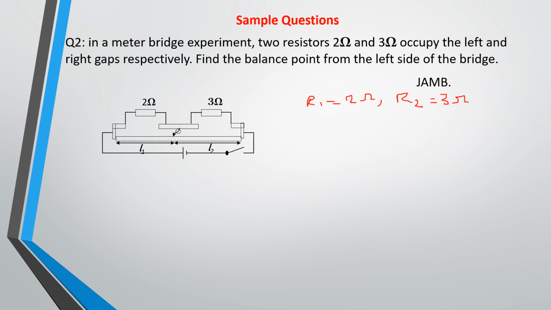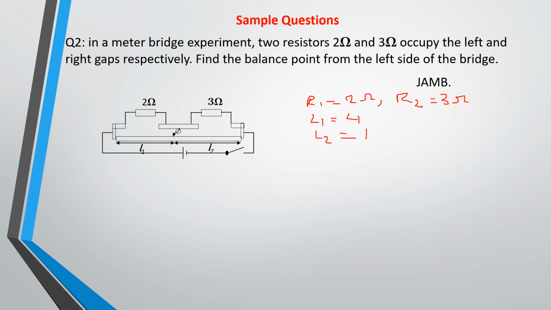Now you are asked to find the balance point from the left side of the bridge. The left side of the bridge is L1. If the balance point L1 is known, then L2 will be equal to what?